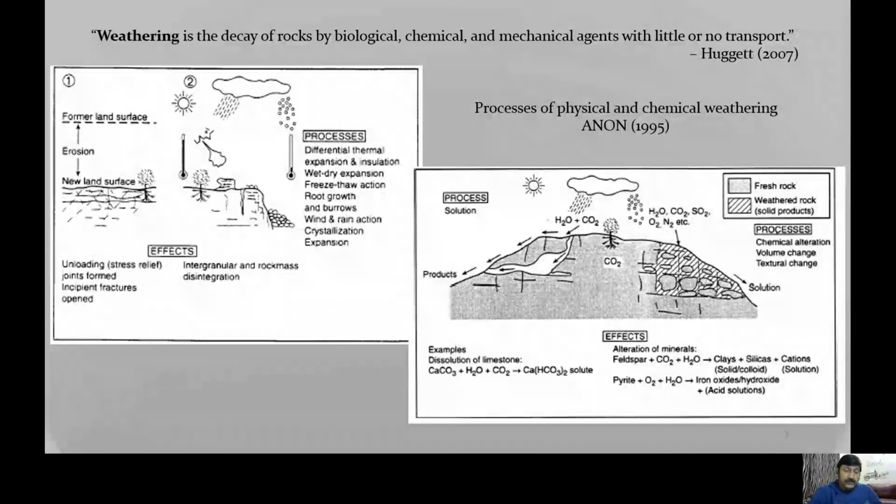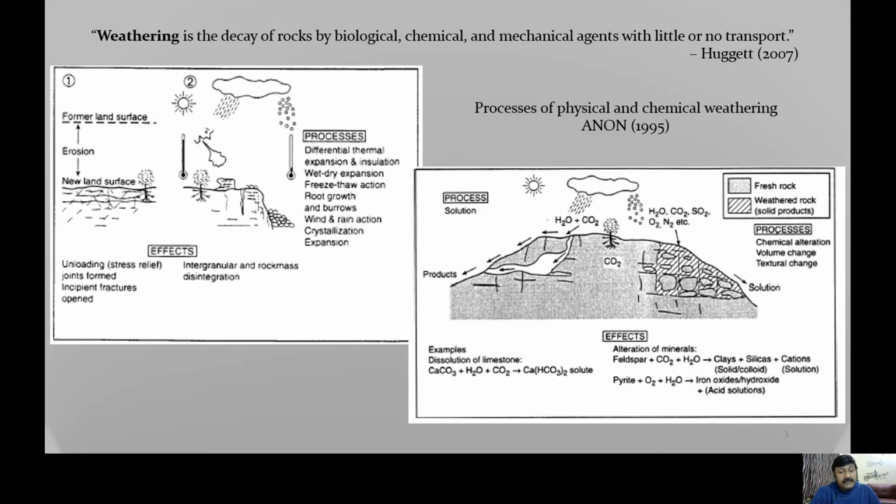Now, in terms of manifestation of the physical weathering process, we can get different fractures, which are actually because of the release of locked-in stresses. It could be thermal stresses, it could be removal of confinement, etc. Now, when we are talking about chemical weathering processes, as I have said, this relates to the changes of the existing minerals of the rocks, that is the alteration of the existing minerals.